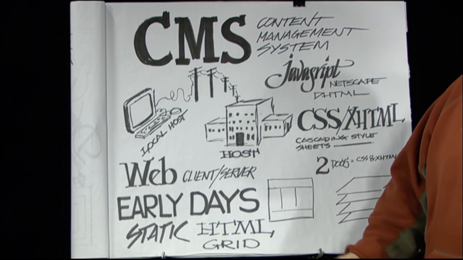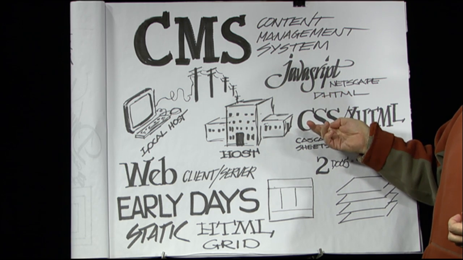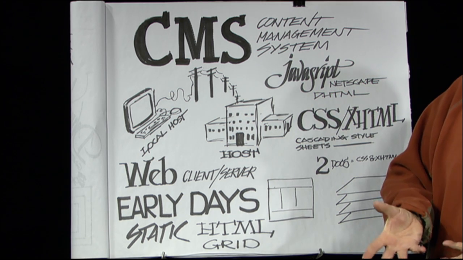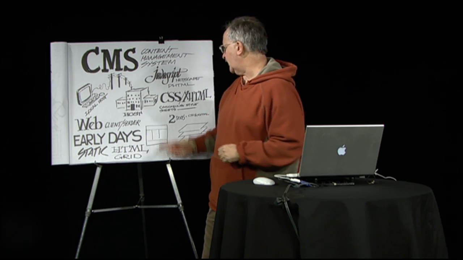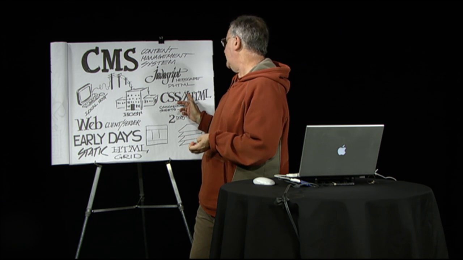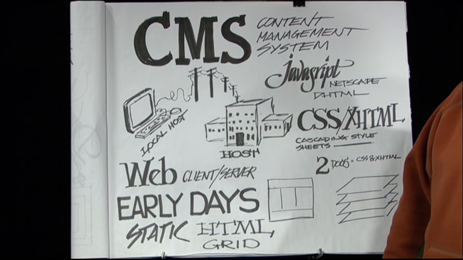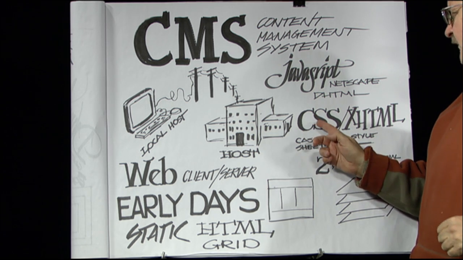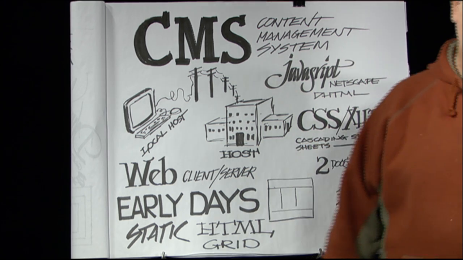Next we go into CSS. I'm eliminating a few things up the ladder of evolution, but eventually today we're at CSS and XHTML. They're two separate things, two separate documents. CSS is cascading style sheets.